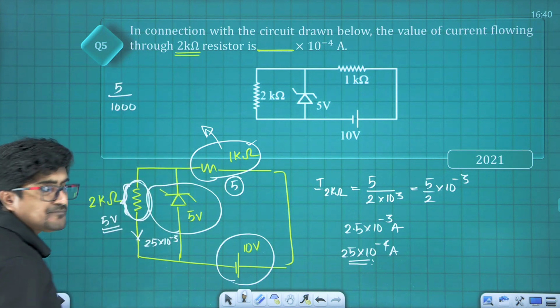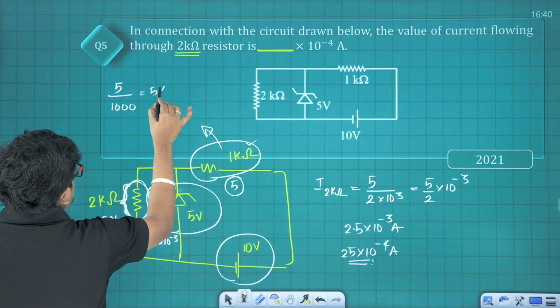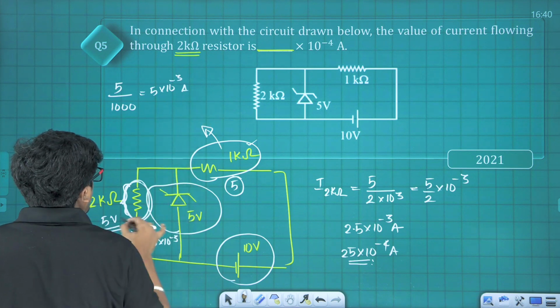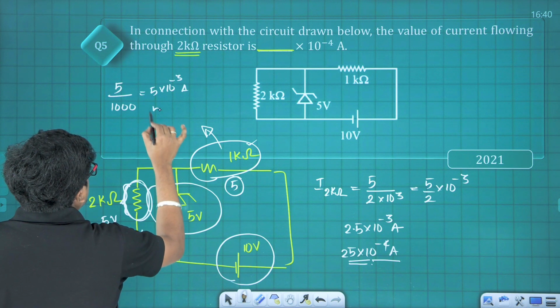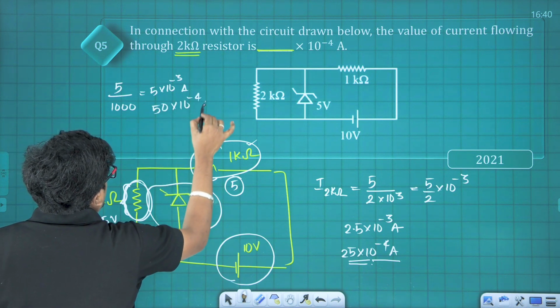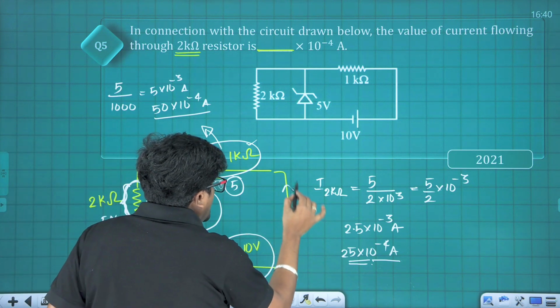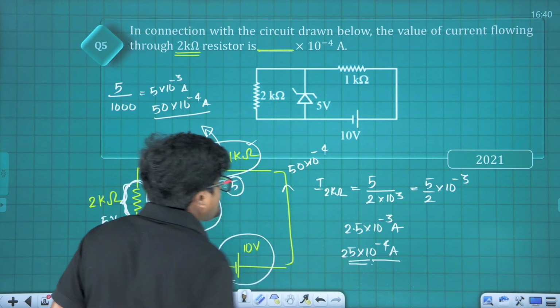It's 1000, isn't it? So I can say this is 5 into 10 to power minus 3 ampere, or comparing with the power here, I can say that 50 into 10 to power minus 4 ampere current is flowing through this. So the main current coming is 50 into 10 to power minus 4.